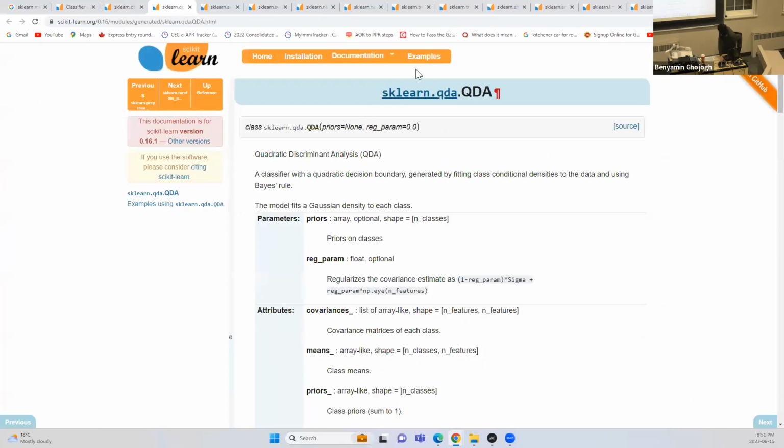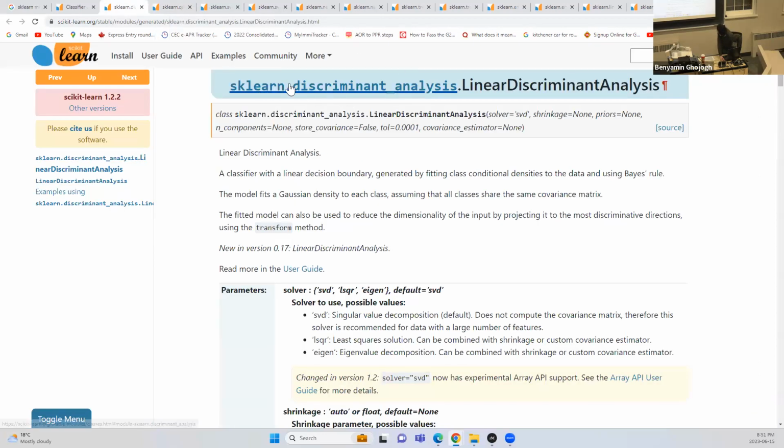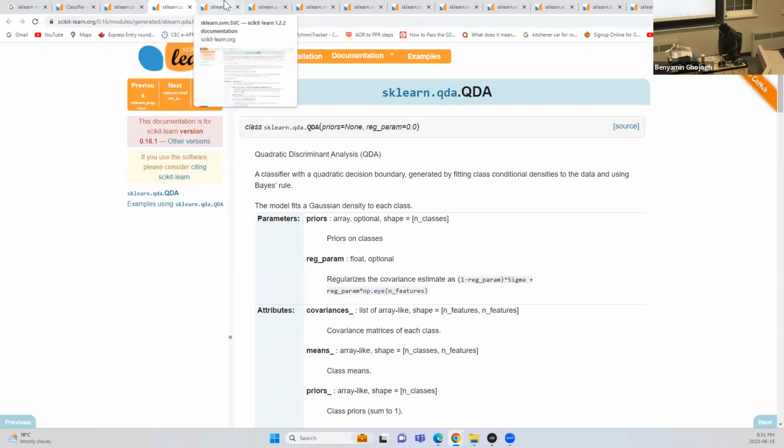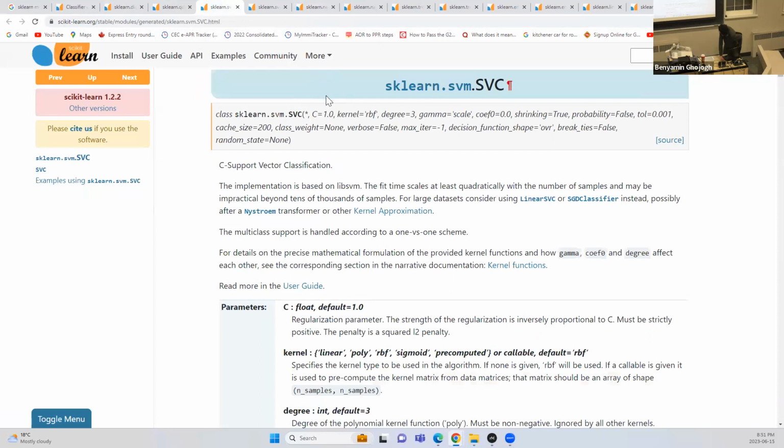This is for QDA, quadratic discriminant analysis. There are two pages. One of them is this. The other one is sklearn.discriminant_analysis.QuadraticDiscriminantAnalysis. I'm not sure what the difference is, but I think they are the same. For the assignment, use the link that I sent you.